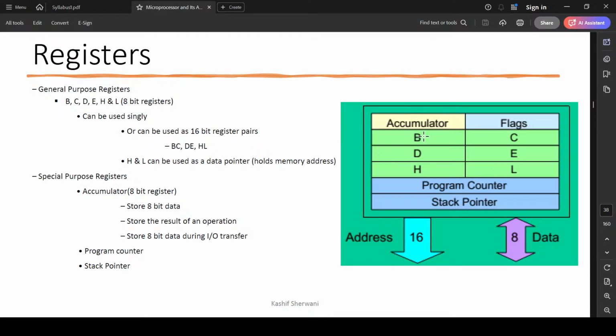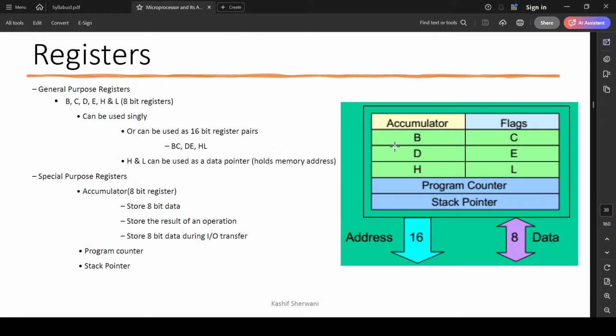Otherwise, you can just use B alone, C alone, E alone, D alone as an 8-bit register. And the HL, which assassinated F and G, came before them. We will use them, and we can use them as a data pointer, stack pointer.